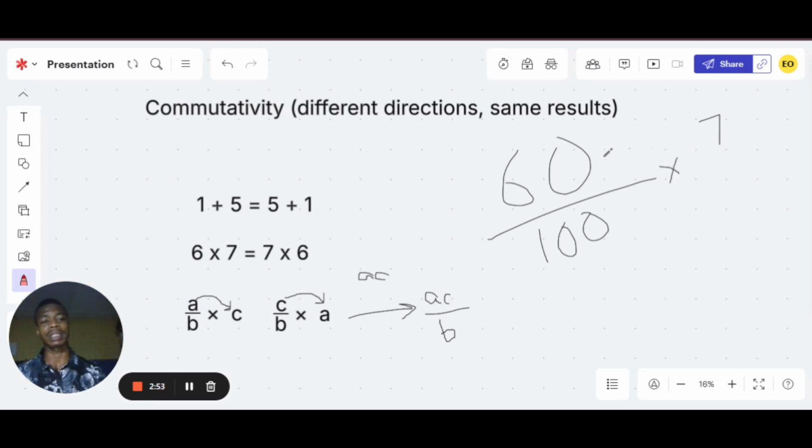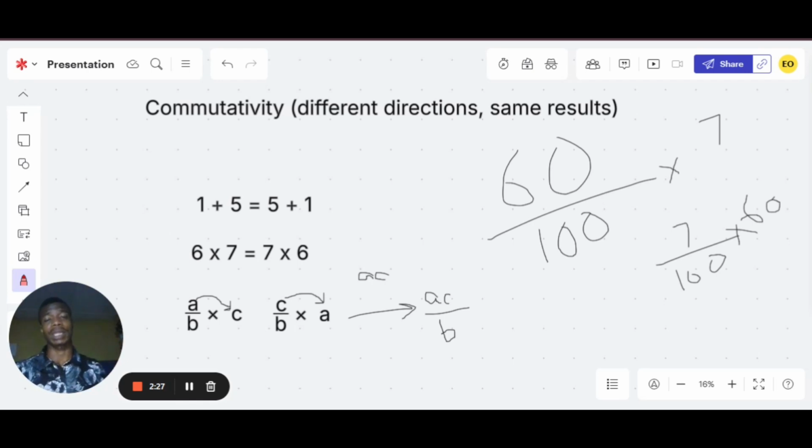This is the same thing as saying 60 times 7, and you're still going to have 60 times 7 if you say 7% of 60. If you turned it around and said 7% of 60, you're still going to have the same 60 times 7.